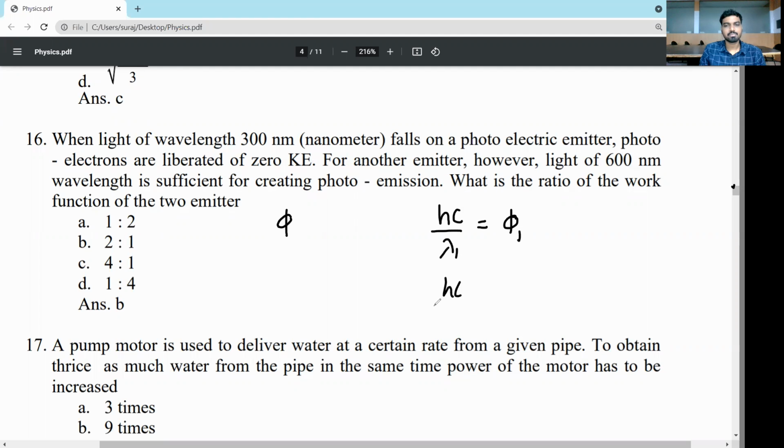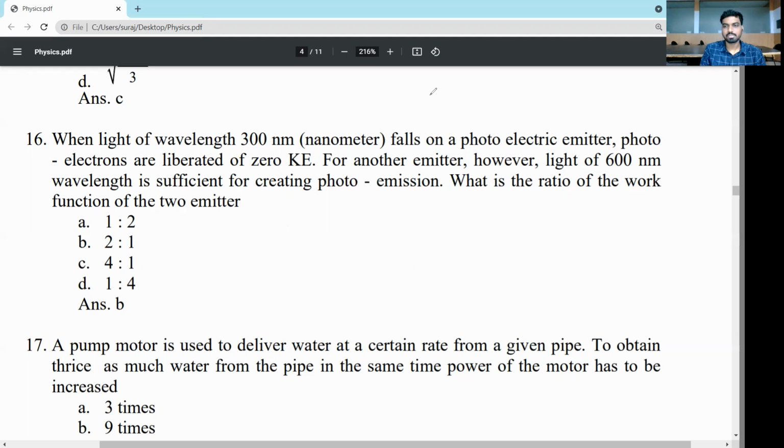That means hc by lambda 2 equal to phi 2. What is the ratio of work function of the two emitters? hc will get cancelled. This becomes lambda 2 by lambda 1, that means 600 by 300, 2 by 1. Option B is correct.